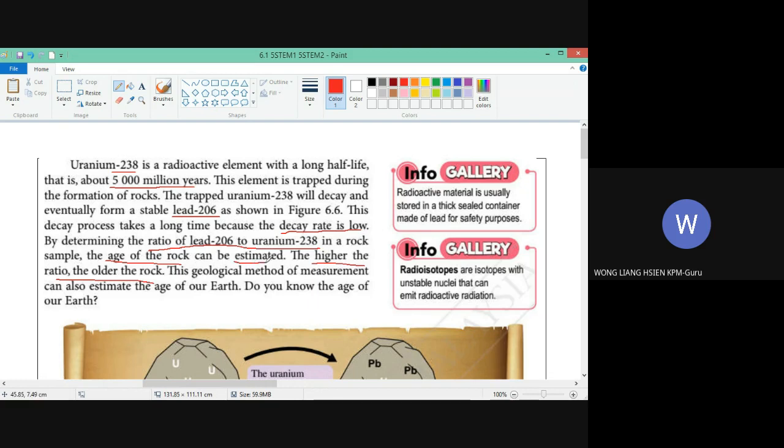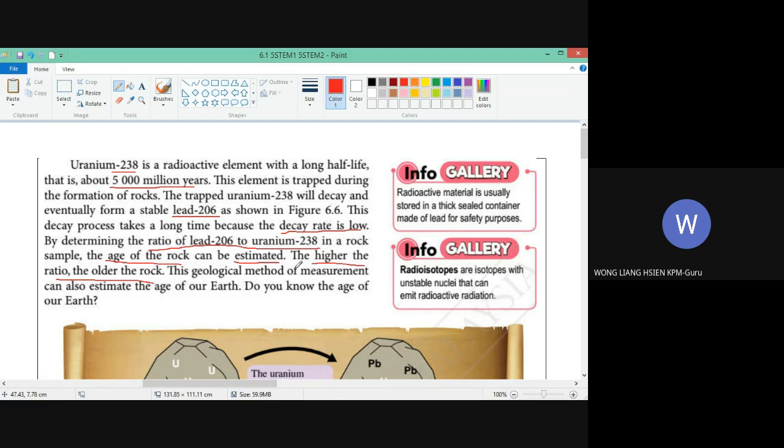The keyword here is estimate, that means agak-agak. We will not be able to know exactly how many years ago the rock was formed.